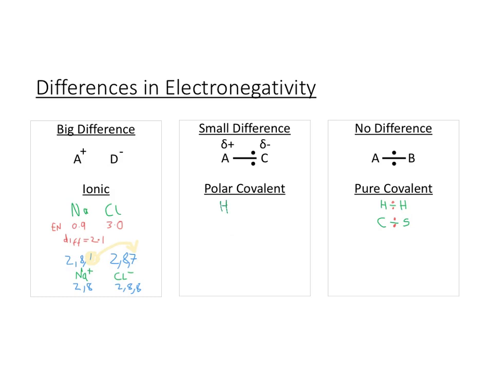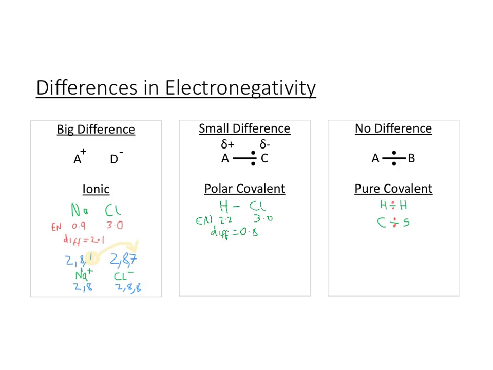Hydrogen chloride would be another example. Hydrogen, again, electronegativity of 2.2. I'm just getting these values from page 11 in your data booklet. Chlorine 3.0, giving a difference of 0.8. So not as big a difference as the last time, but still considered polar. Still a polar bond.